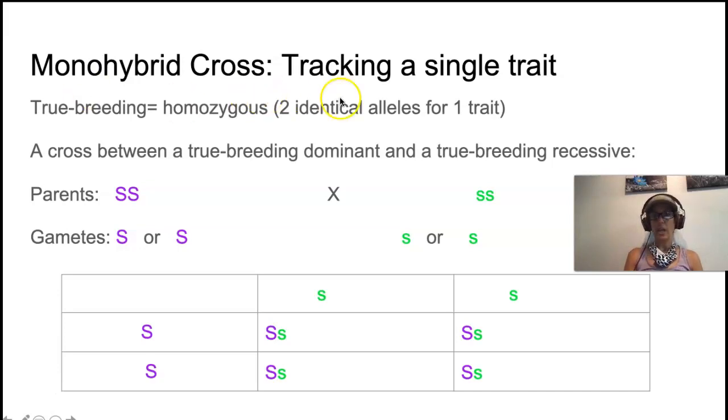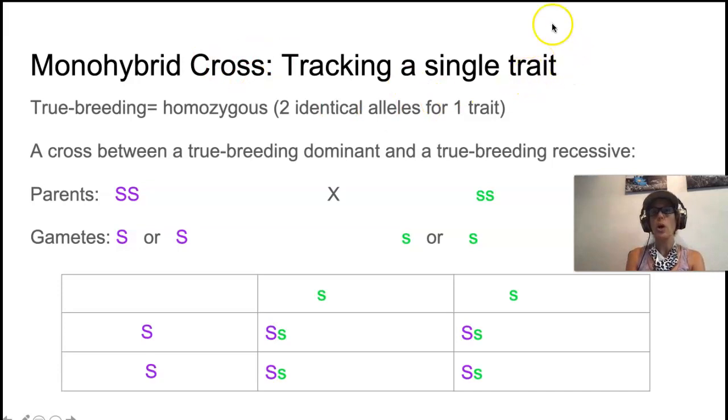We always start out looking at true breeding individuals, whether, well, with plants, I don't think you can get a true breeding human. That means they're homozygous. They have identical alleles for one trait. And an individual person could be true breeding for one trait, but they're not going to be homozygous for every single trait that's possible in the human genome.